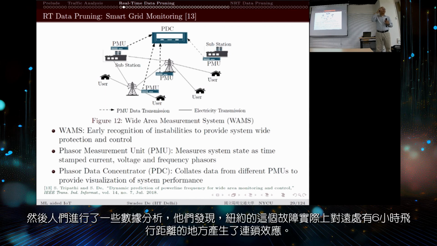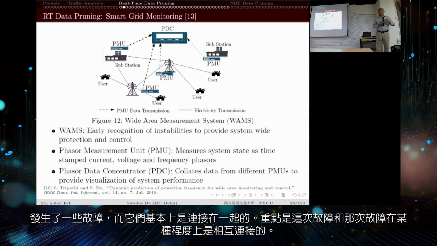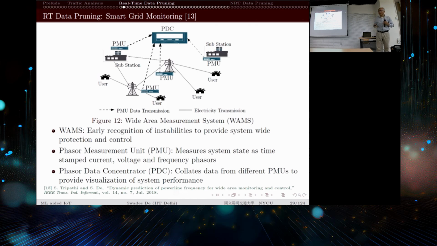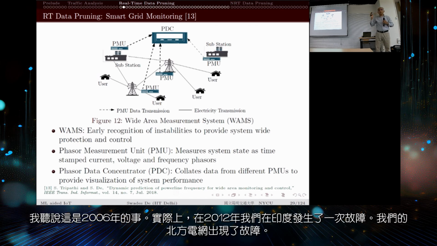People did some data analysis and figured out that the failure in New York had a cascading effect that far away, a 6-hour flight distance, and that the two failures were connected.